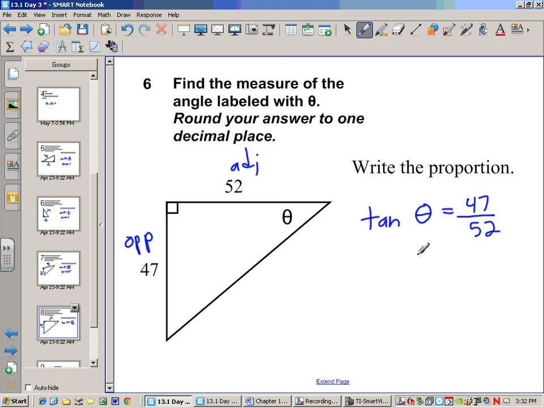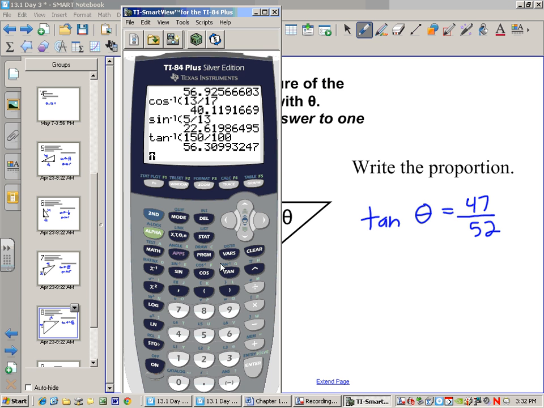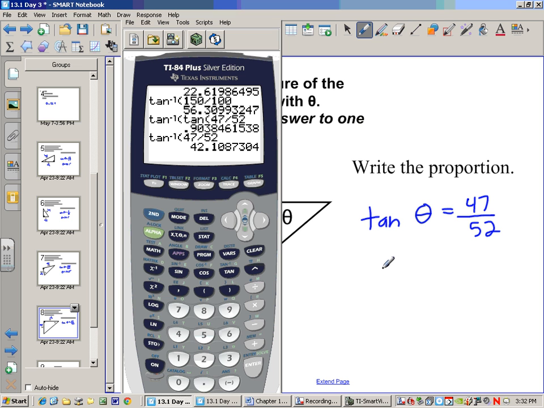So I do the inverse tangent of 47 divided by 52, and we get an answer of point. Ooh, I put a little too much in there. Let's try that again. Inverse tangent of 47 over 52. That's 42.1 degrees.